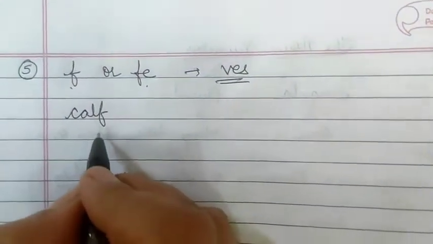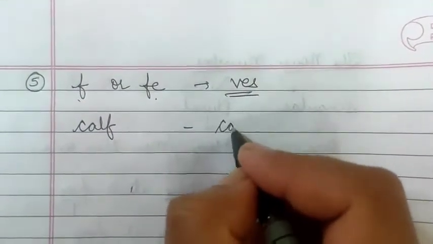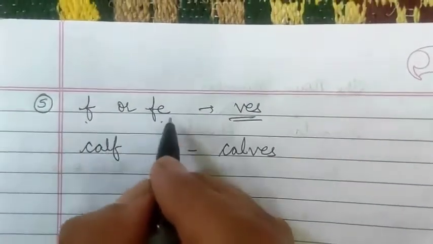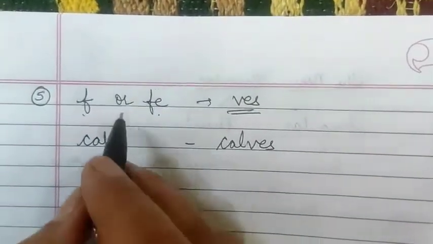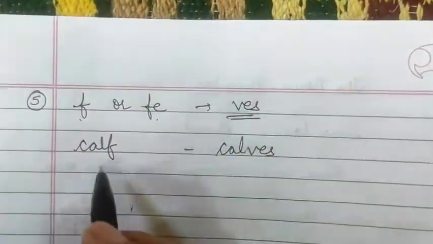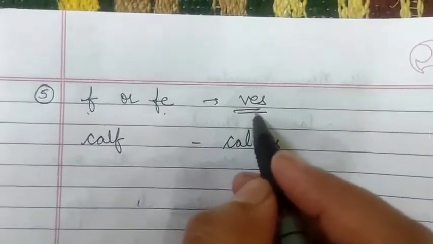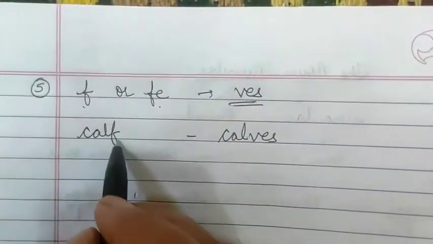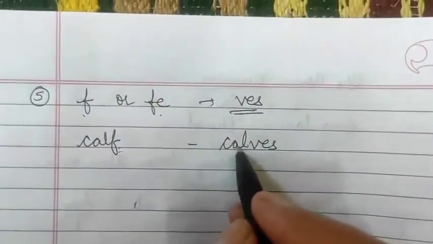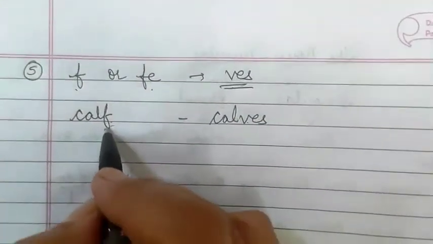This word is ending with F. So, in the plural sense, it will become like this. CALVES. Means we will remove F or FE, and there it will come VES. Like here I have given you example calf. The word is ending with F. So, the plural will be CALVES. Means we have to add VES in place of F.